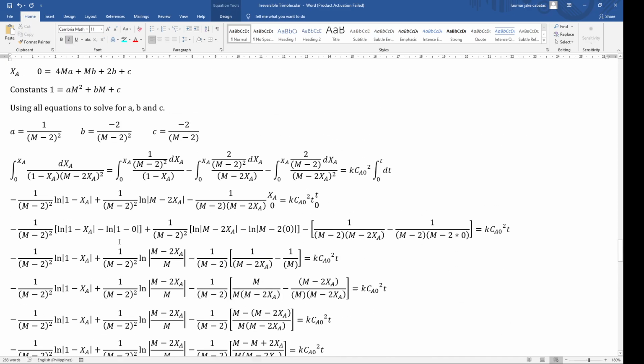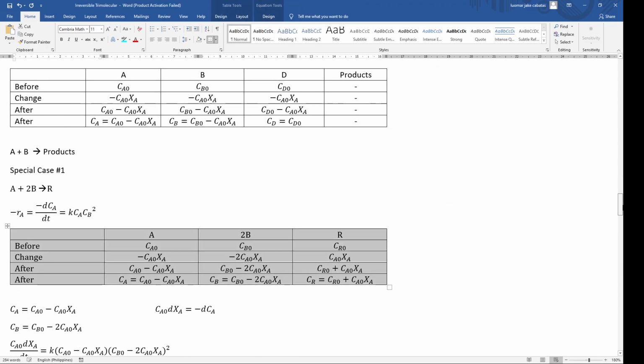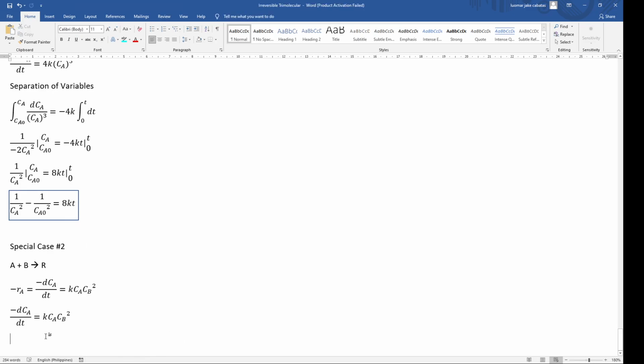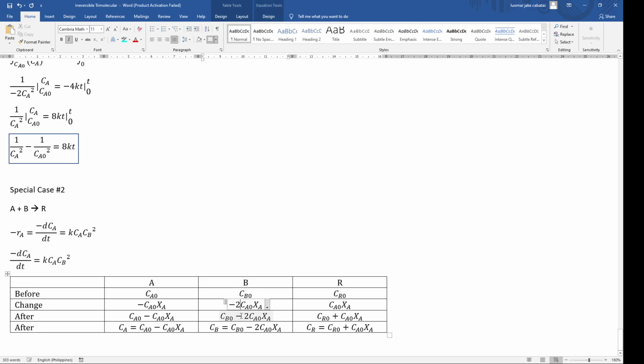And then, since again, our variables are CA, CB, and dt, what we need to do is to find a relationship between CB and CA, and the way to do it is through the BCA table.